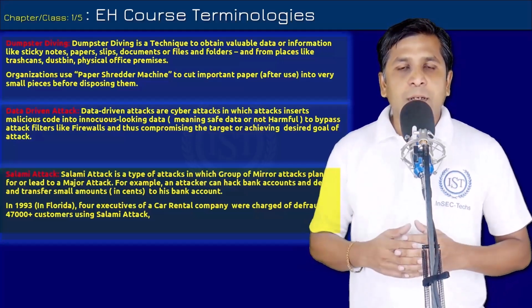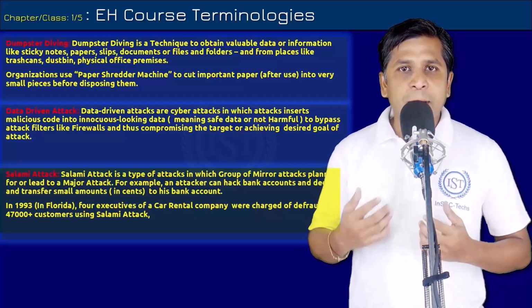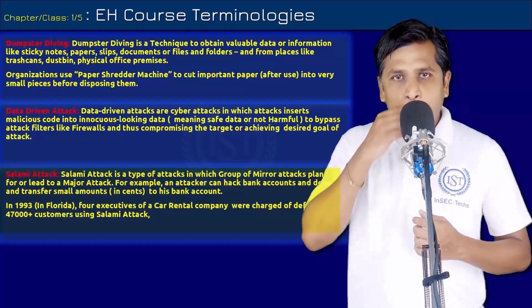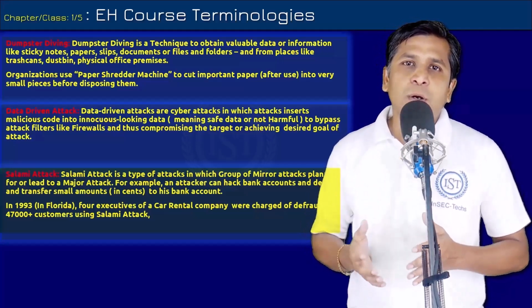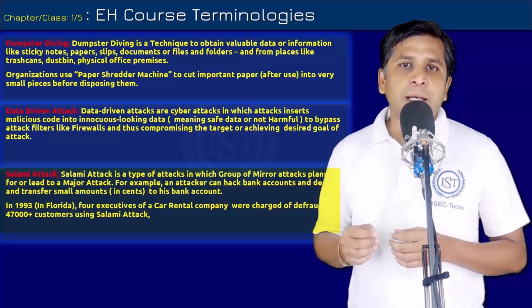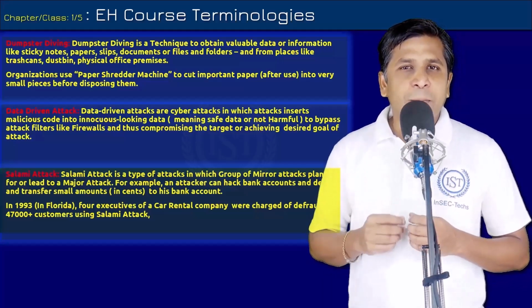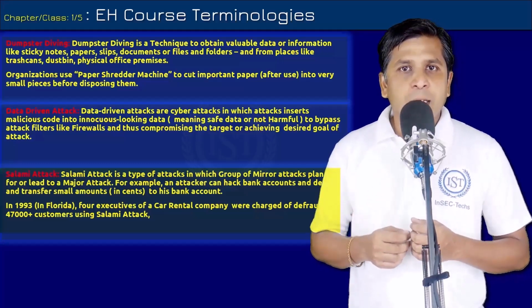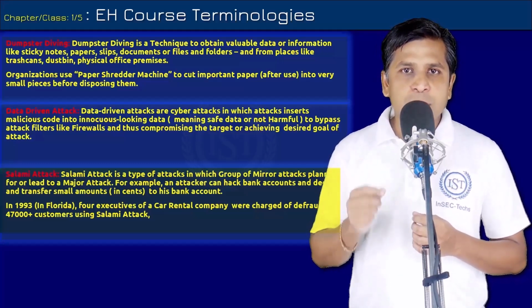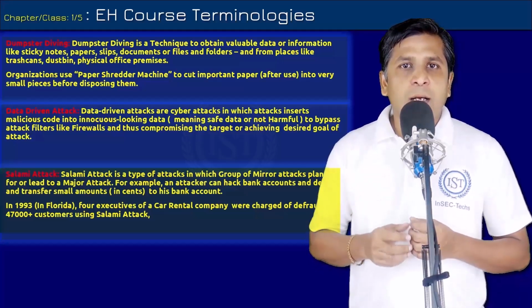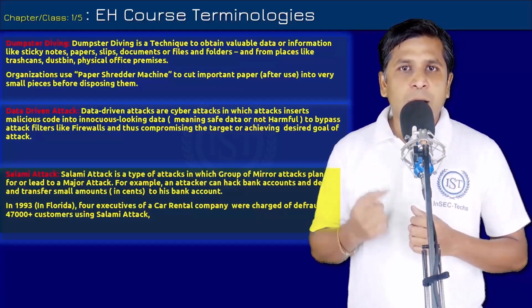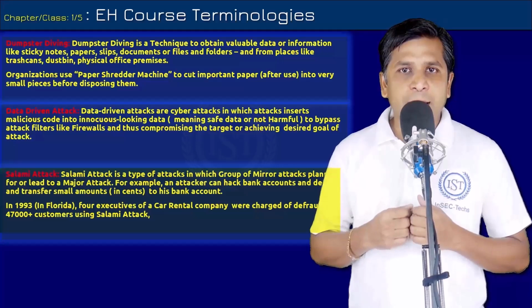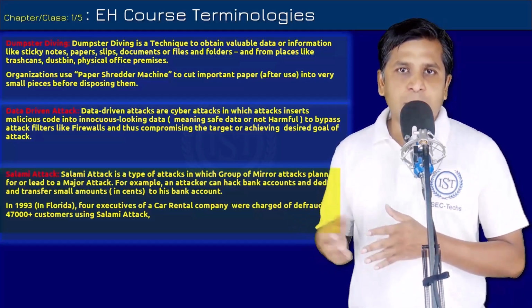For example, an attacker has compromised a banking application. Now he can actually withdraw a large amount and flee away. But what he did is, in order not to be detected or caught, he has taken small amounts from each bank account. For example, he has withdrawn $1 from 50,000 bank accounts and transferred it to his account.